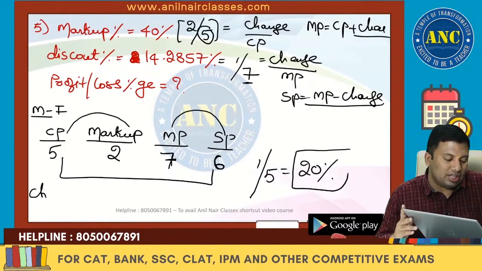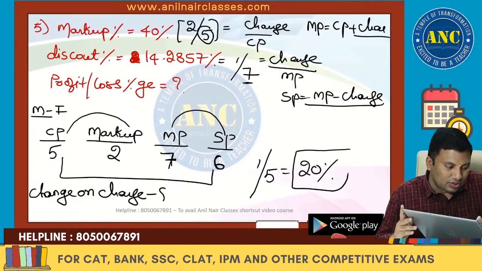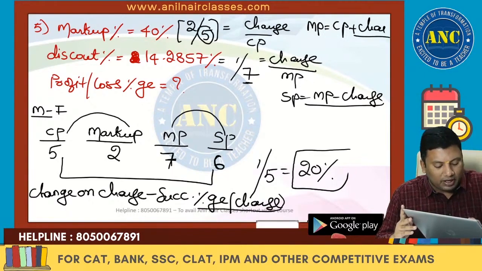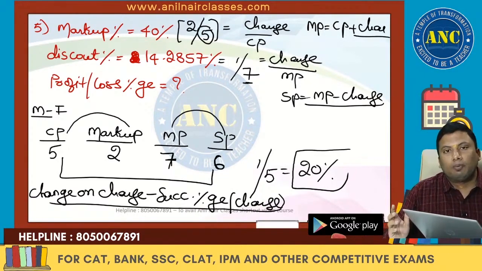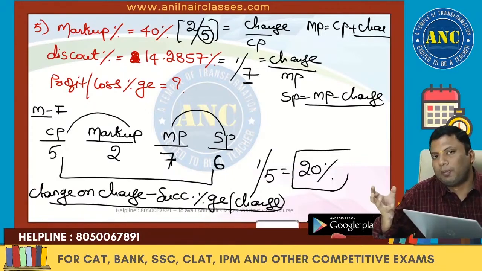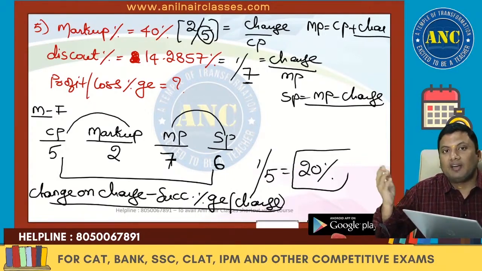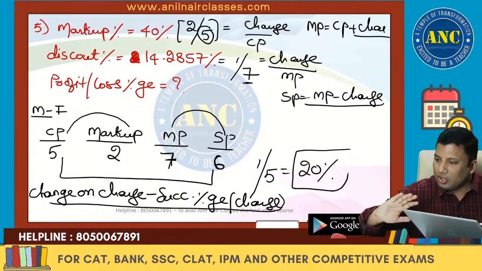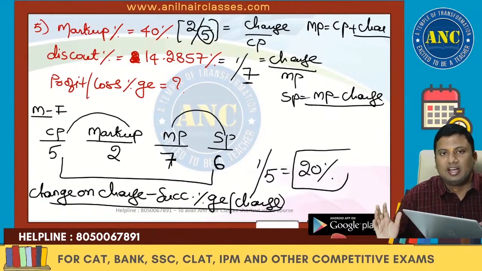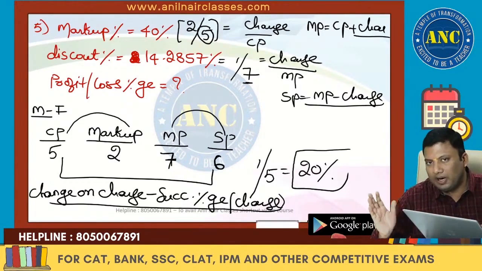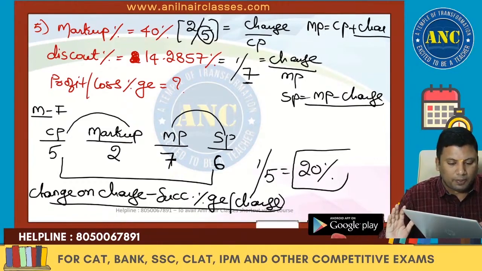Change on change is nothing but successive change. Percentage on percentage is successive percentage. If I convert percentage into a fraction, I get a numerator on change. In fraction it is successive change; in percentage it is successive percentage.